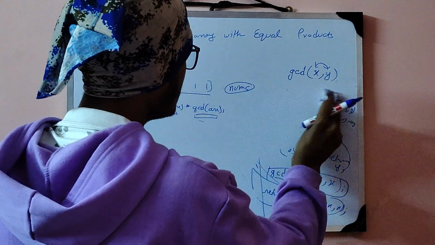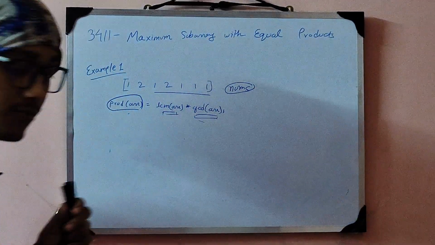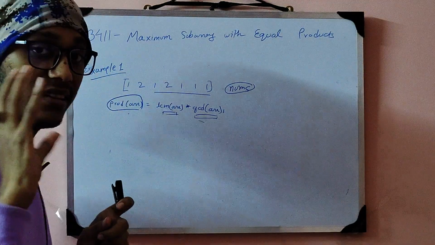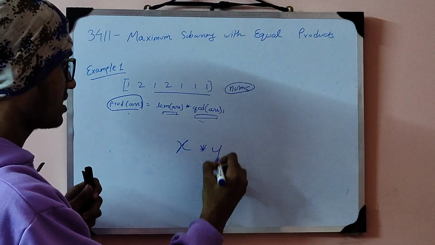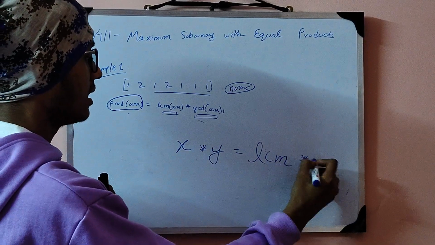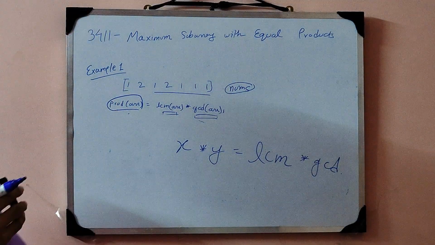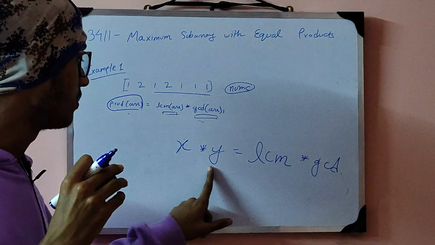Now how to find the LCM of 2 numbers? There is a very important formula to find the LCM of 2 numbers. Suppose you are given 2 numbers x and y. X multiplied by y equals LCM of x and y into GCD of x and y. So we have to do nothing to find the LCM of two numbers.